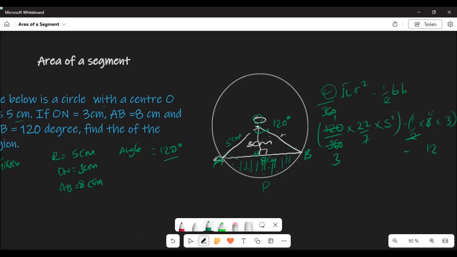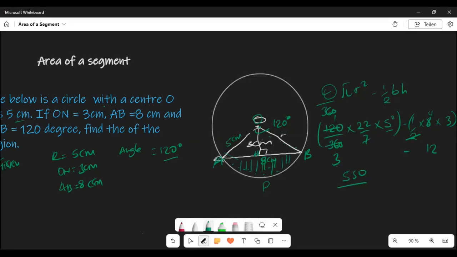Finally we have 22 multiplied by 25, since 5 squared is 25. Multiplied by 22 that will give you 550.